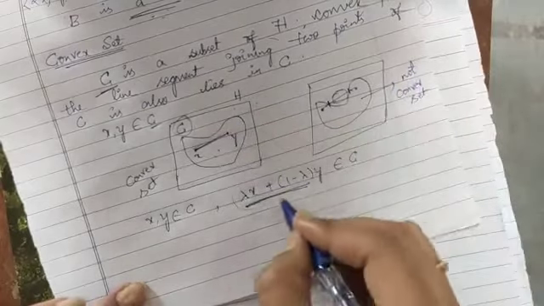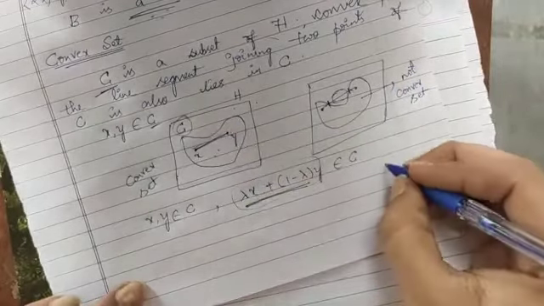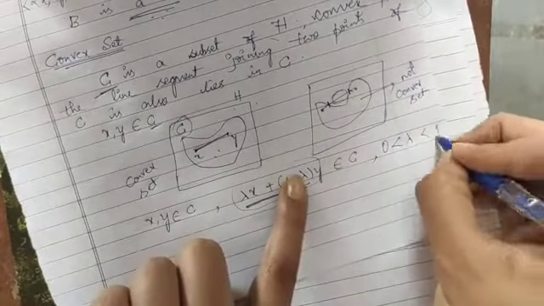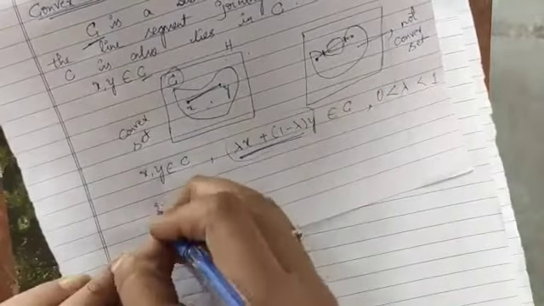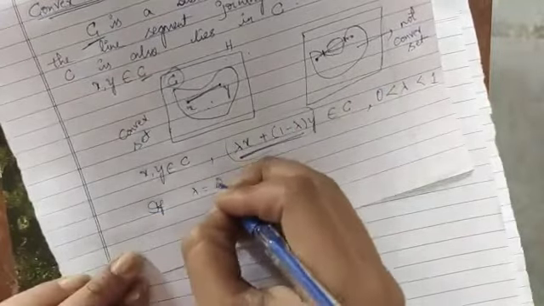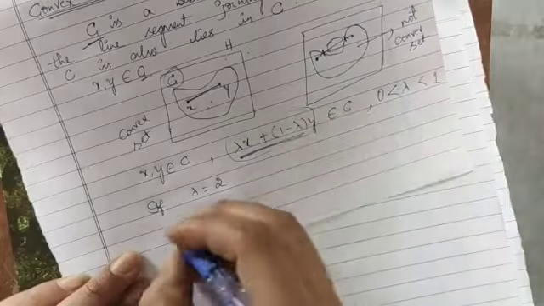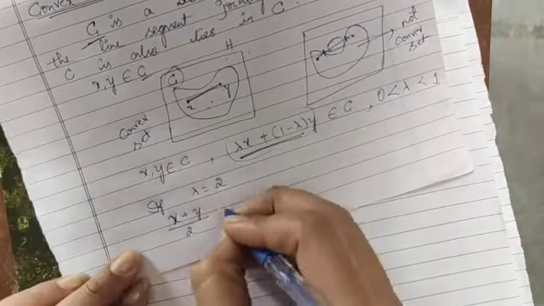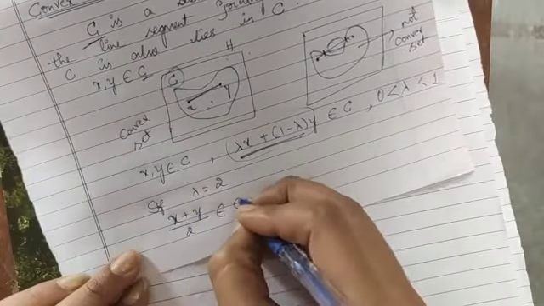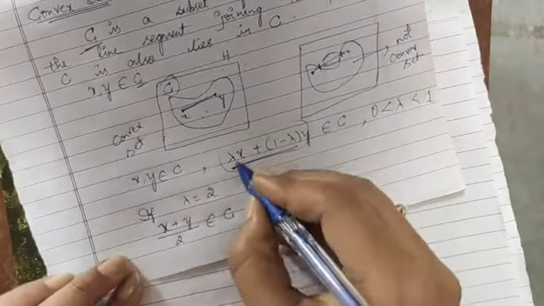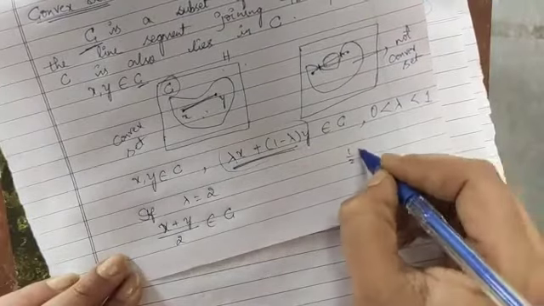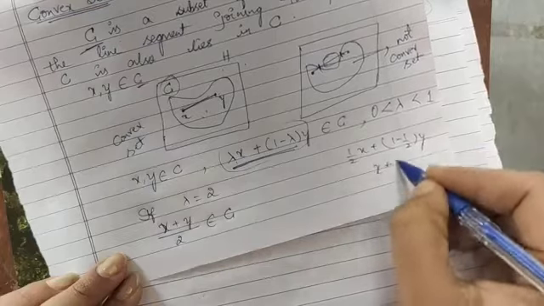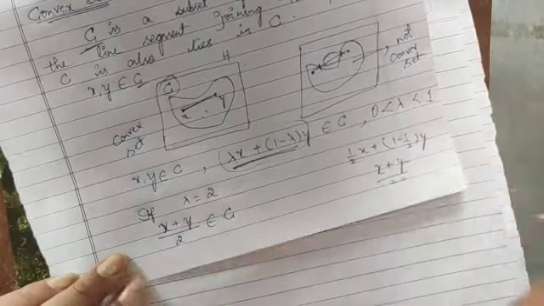For that we have used the general form where your lambda will be between 0 and 1. So if lambda is equal to 1 over 2, what does this equation become? You will get x plus y by 2, that should belong to C. Okay.